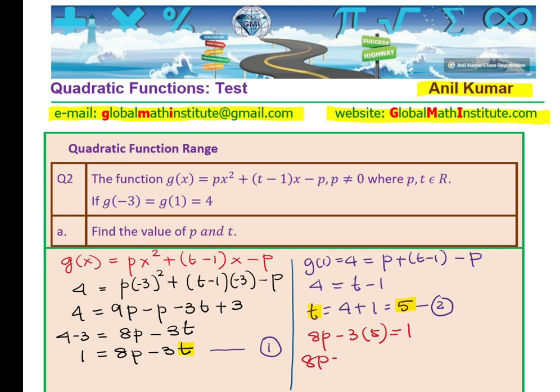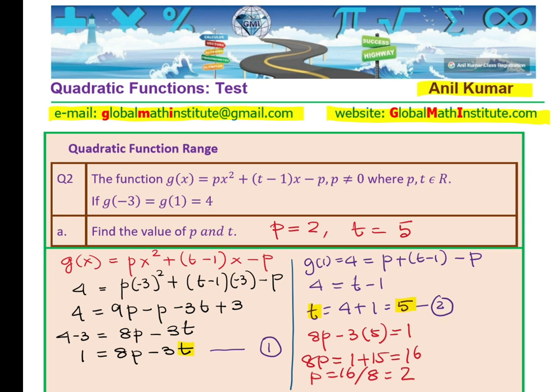So 8p is equal to 1 plus 15, or 16. That gives you the value of p as 16 by 8, which is 2. So we have found both values: p is equal to 2 and t is equal to 5. Perfect, so that is part A of this particular question.